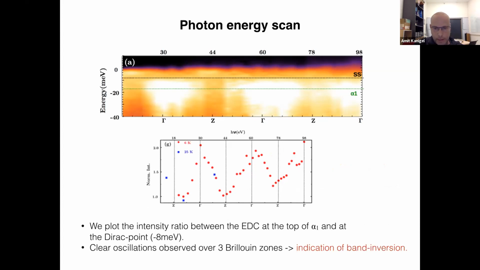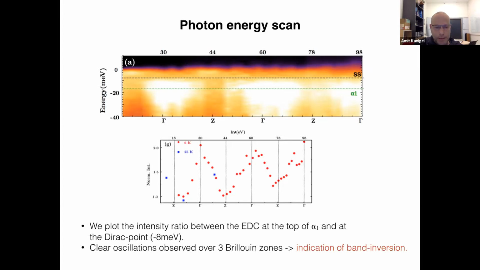You see the intensity oscillates such that it is always maximal at the gamma point and minimal at the Z point, which is in good agreement with the prediction of the model, because at the gamma point alpha-1 is purely D, and at the Z point it is purely P.